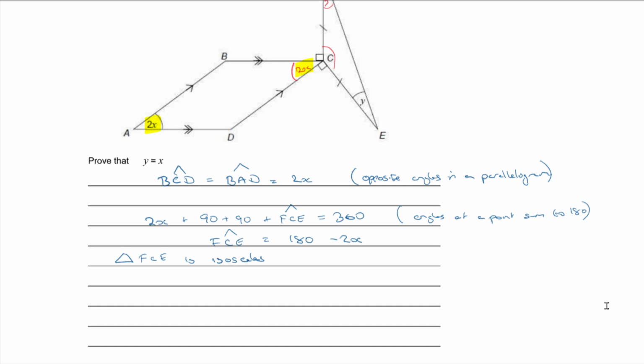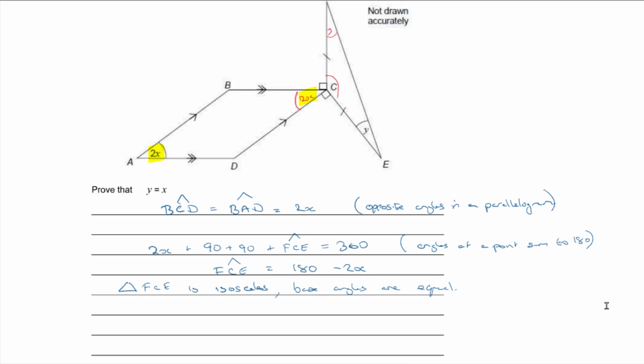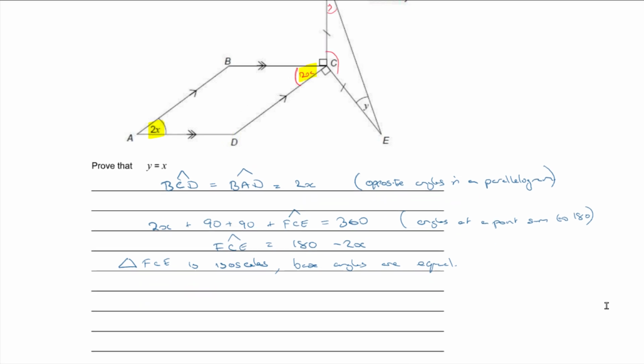If it's isosceles, base angles are equal. Okay, so that angle there is y. So what we've got then is angle FCE plus 2y is equal to 180 degrees because of angles in a triangle.